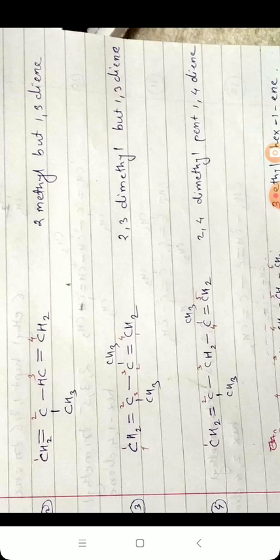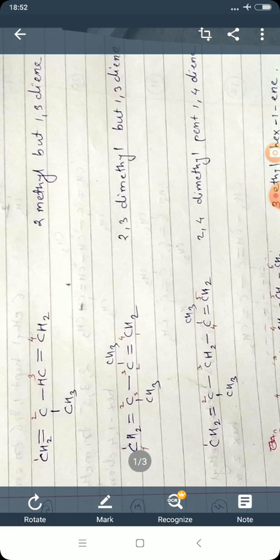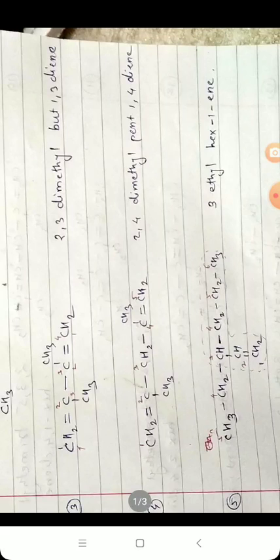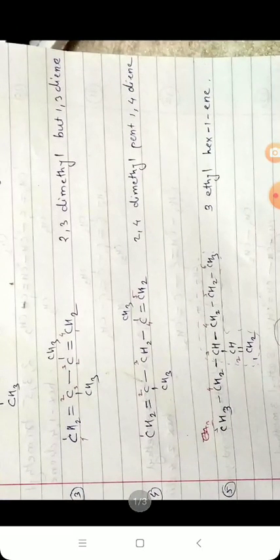Di means 2. 2 methyl group are in a substituent position. 5 carbon, that's why pent. The position of double bond 1 and 4. And 2 double bonds. So it is called as di-ENE. So what is the name? 2,4-dimethyl pent-1,4-di-ENE.